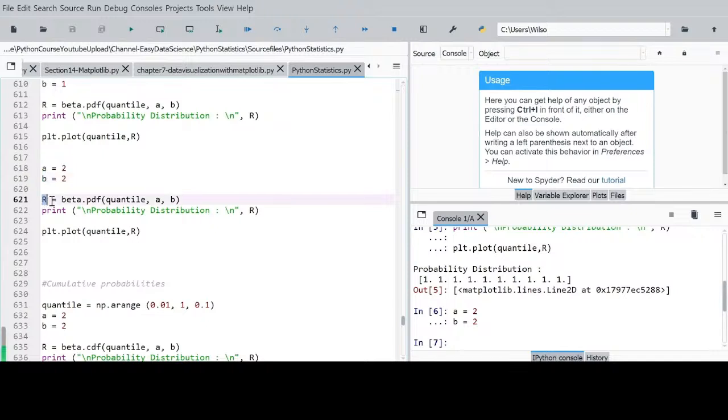We can also run the same function for the density of these random variables, with new A and B representing alpha and beta, and plot the curve between the quantile of the beta random variable and their densities.